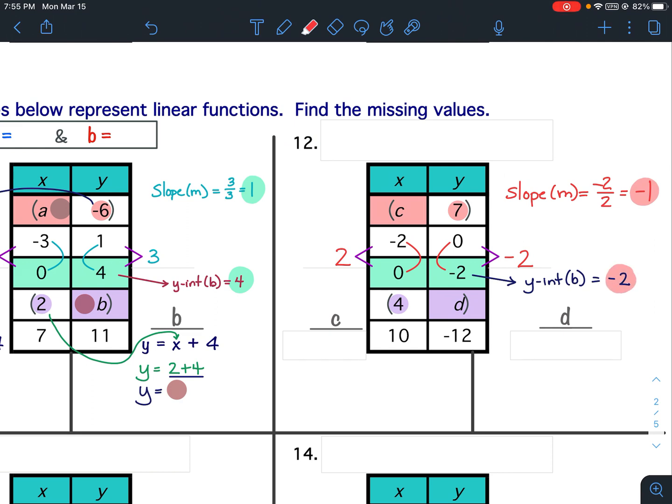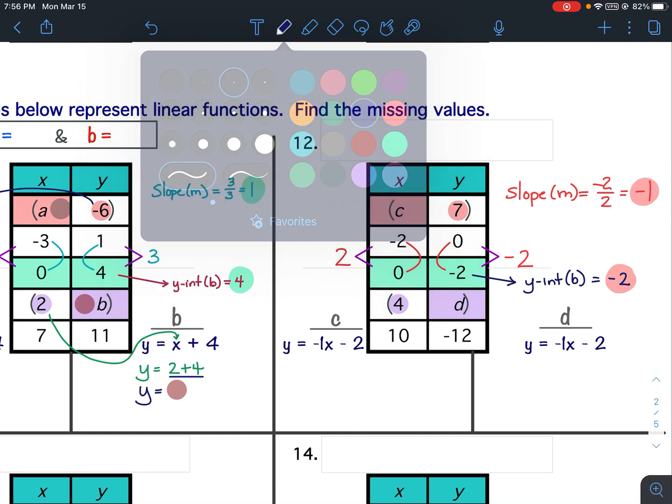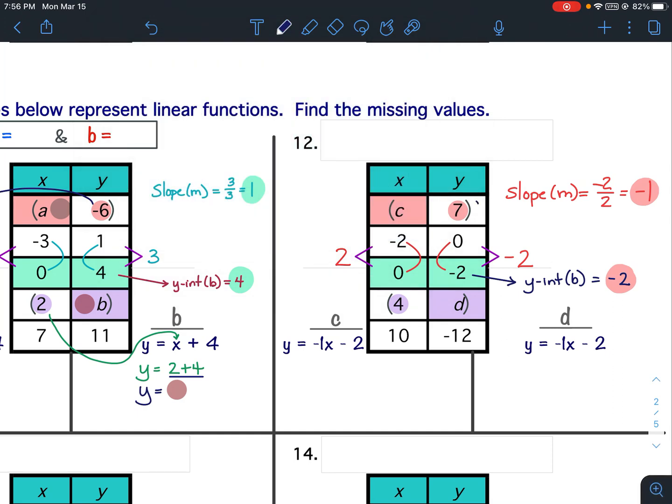So m goes in front of x, b behind x. Y equals mx plus b. So y equals -1x minus 2. Okay. For C, here's the information I know.